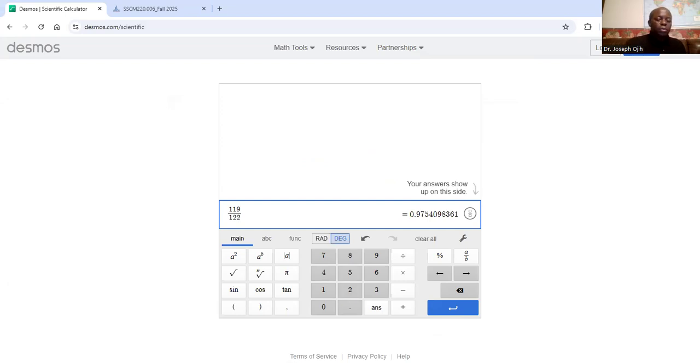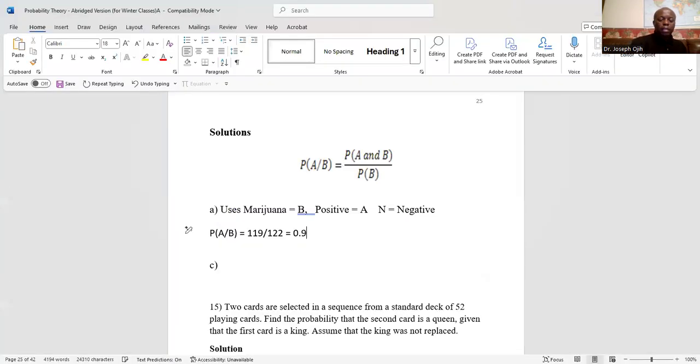Okay. So we're going to put it right there. 0.975, or there's a 97.5% chance that the subject who tested positive uses marijuana.